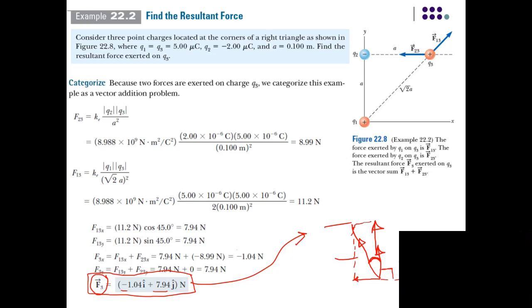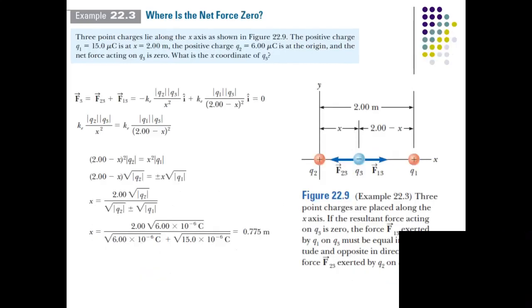Okay, let's keep going. Maybe another example. This time the solution is there because now we know how to do things. I assume you do practice. So in this example, we have three point charges again. Three point charges lie along the x-axis as shown in this figure. The positive charge Q1 is 15 microcoulomb, at x equal to 2 meters, so it talks about this one.